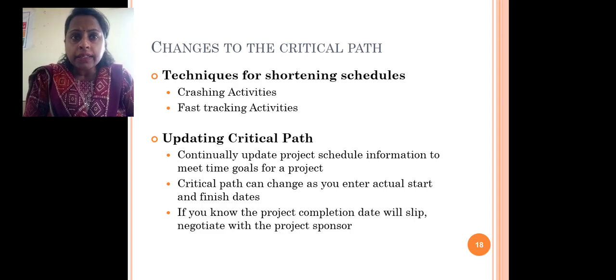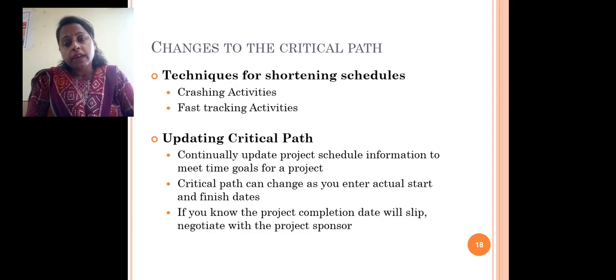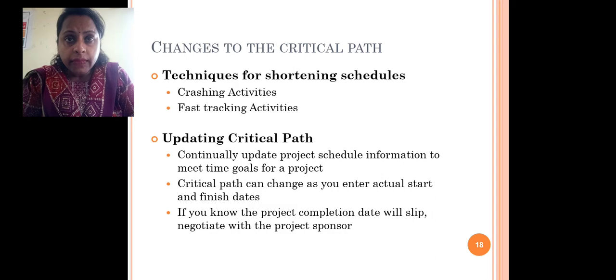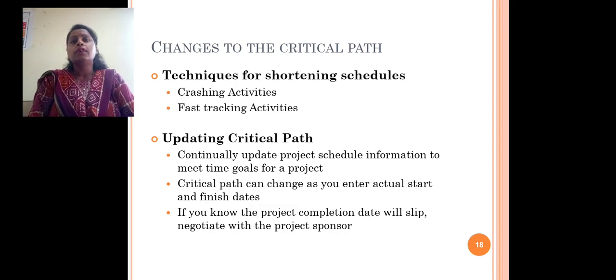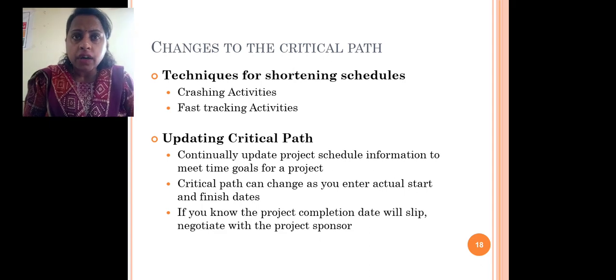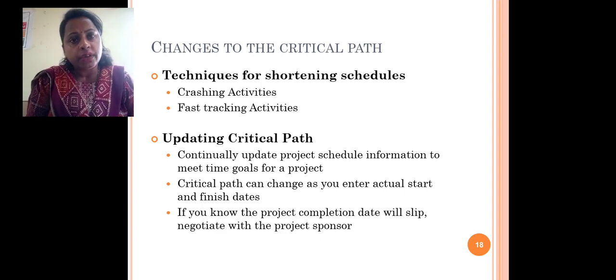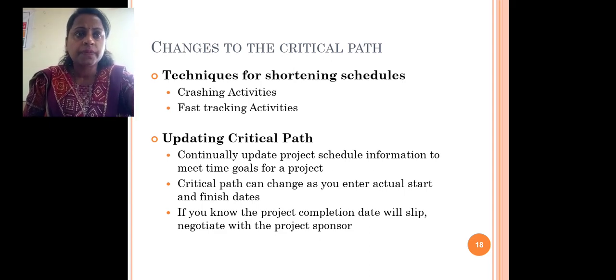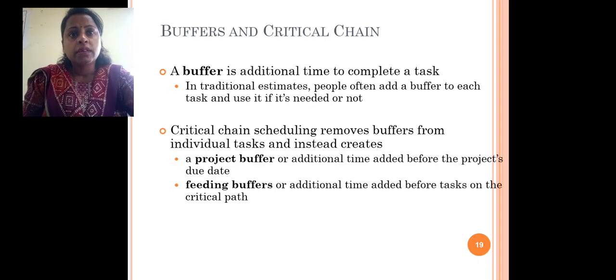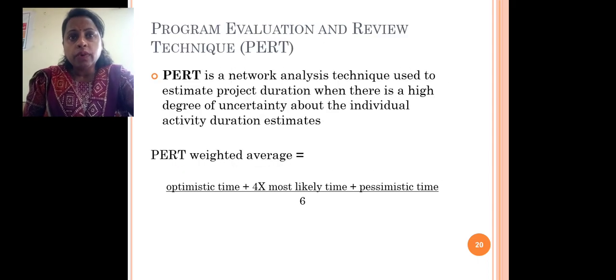The critical path can change as you enter actual starting and finish dates. As we know, the critical path completely depends on the starting time and the ending time, so when we change the starting and ending time data, the critical path duration will automatically change.